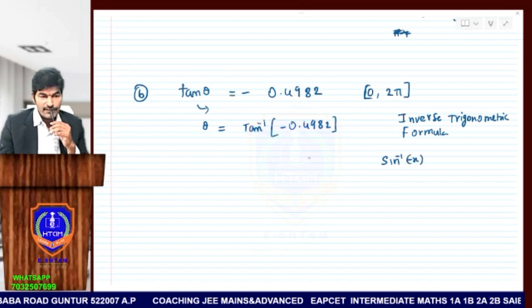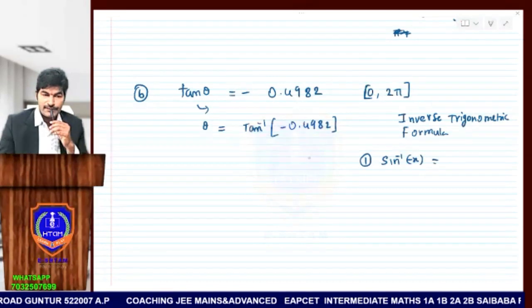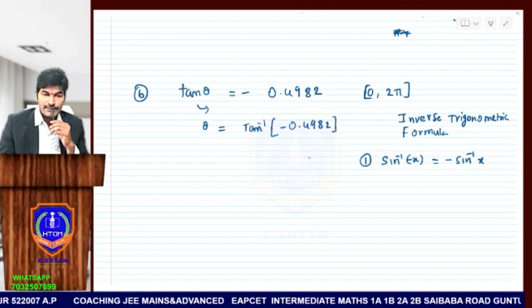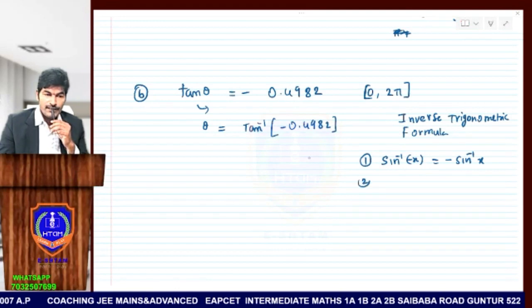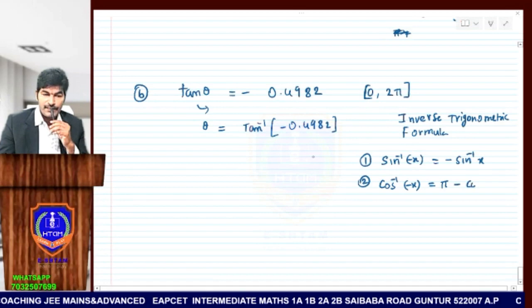Look at the same pattern, right? If sine inverse of minus x, then the minus will be written outside: minus sine inverse x you have to find. And the second one, if it was cos inverse of minus x, then it will be calculated by doing pi minus cos inverse of x.